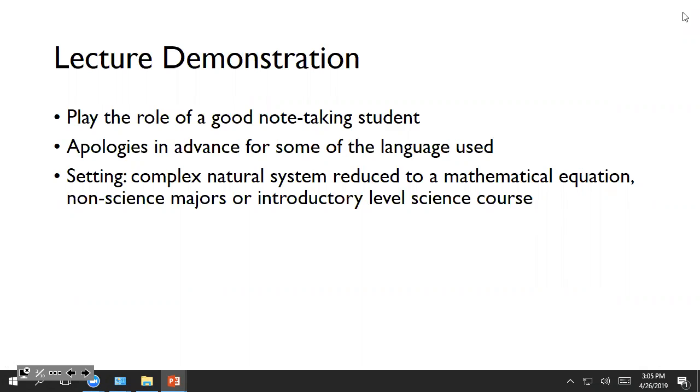It's possible that you will be able to solve this problem as soon as you are presented with it. Try not to do that, but rather pretend that you are the student that is taking notes.